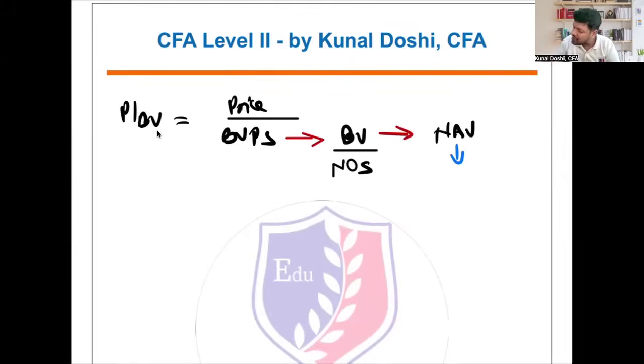Net asset value is total assets minus total liabilities, which is nothing but your debt. But since we are looking at the value for common equity, you will also subtract the preferred stock. Yes, very, very important. Normally, when you calculate NAV, you don't subtract the preferred stock because you're finding the value of total equity.